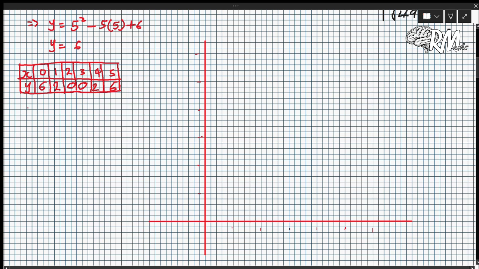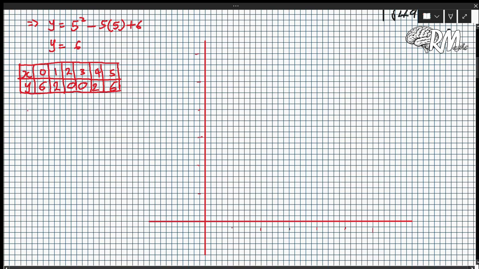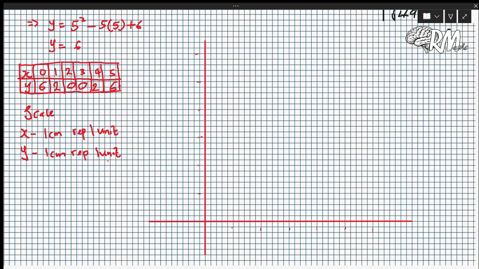So my scale, sorry, let me write it boldly so you can see it. My scale will be, at the x-axis, 1 centimeter represents 1 unit. At the y-axis we have 1 centimeter represents 1 unit. In your own graph, it can be a different number of centimeters and different units, the way you want it.